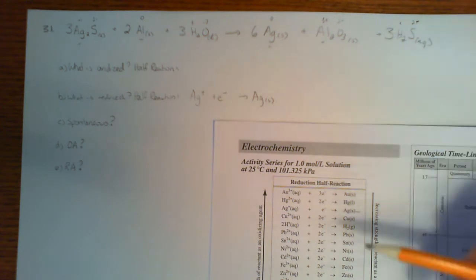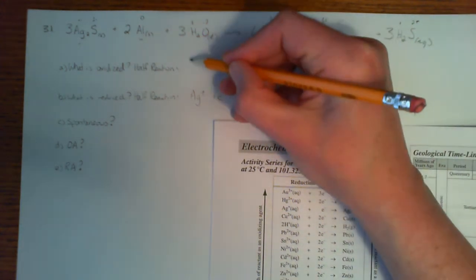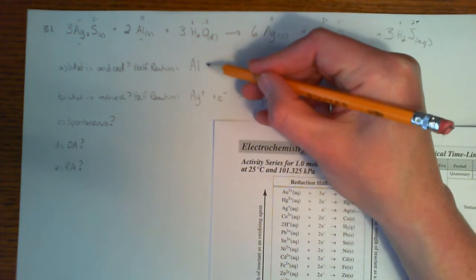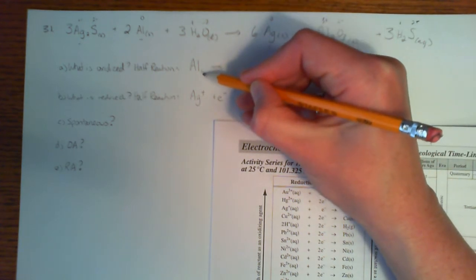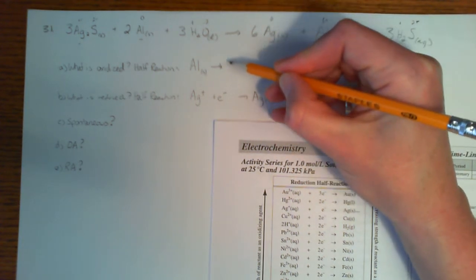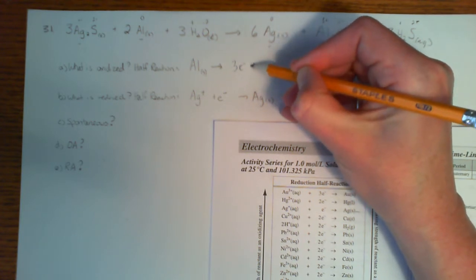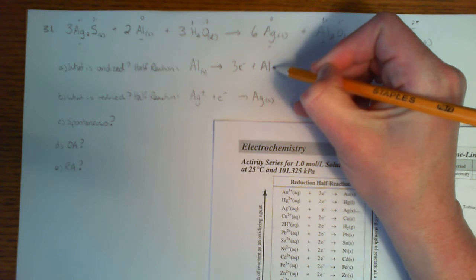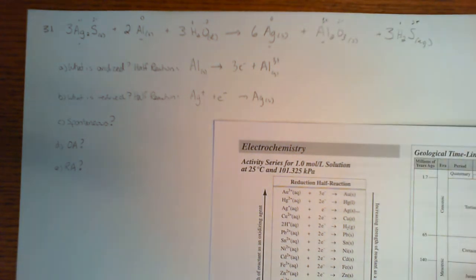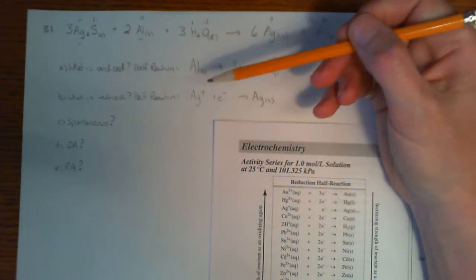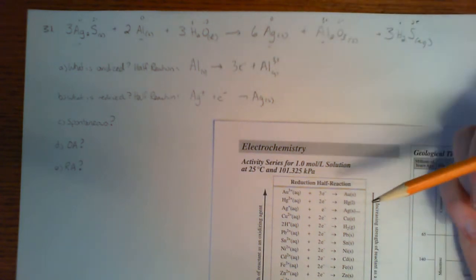And then our oxidation half reaction is going to be written the other way because we have solid aluminum, and it is losing 3 electrons and forming the aluminum ion. Okay, so there is our oxidation reaction. So aluminum is being oxidized, silver ions are being reduced.